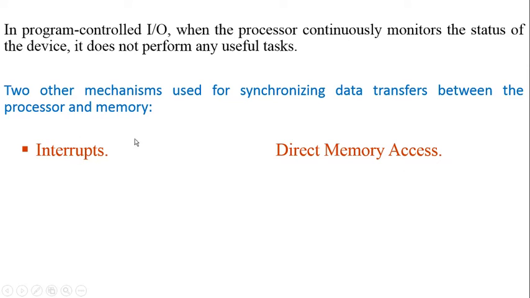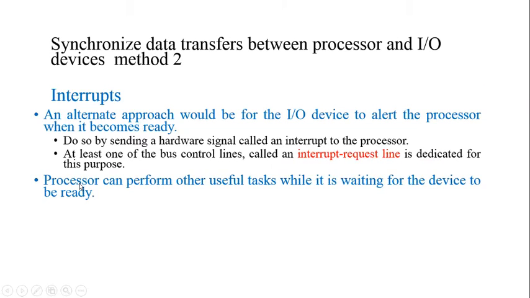Here we introduce a new technique based on interrupt. In the interrupt mechanism, an alternative approach would be for the I/O devices to alert the processor when they become ready.